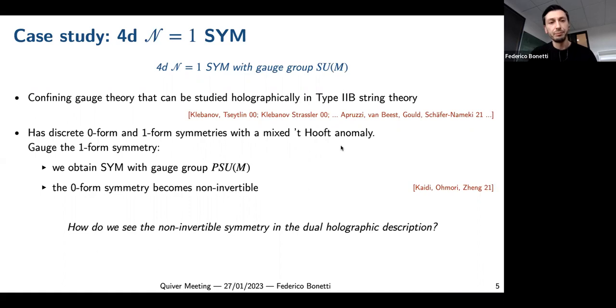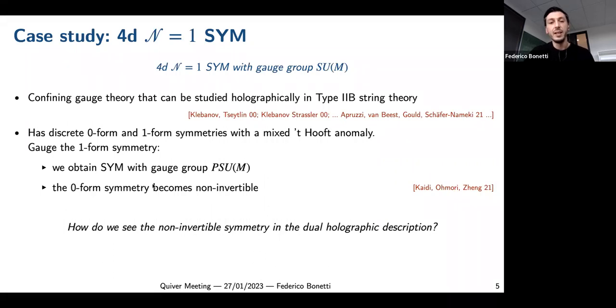And in terms of why it has to do with non-invertibles, I will review that among the various global symmetries that this model possesses, there are interesting discrete zero-form symmetries and one-form symmetries, and they have a mixed anomaly. That's really the key, because as we will see, once we gauge one of these two, the one-form symmetry, on the one hand, as is customary, that means changing the global form of the gauge group, which is a relatively innocent looking operation.